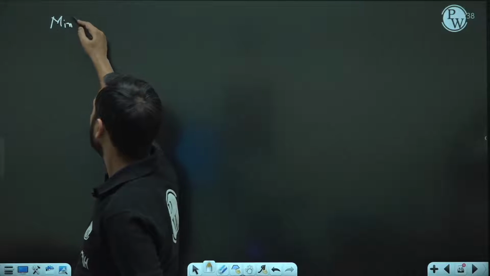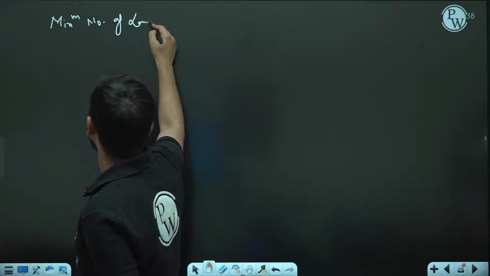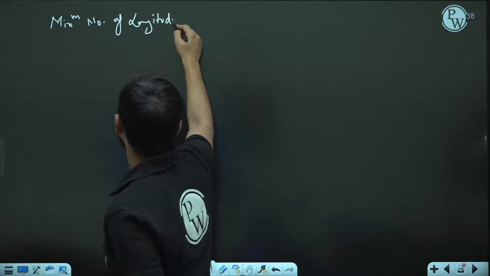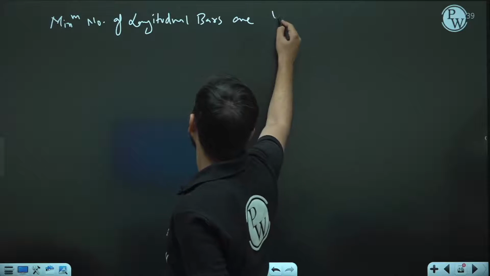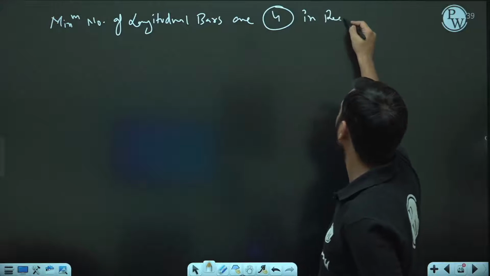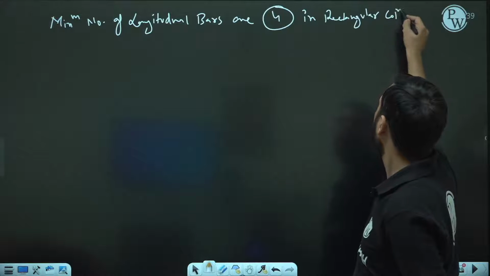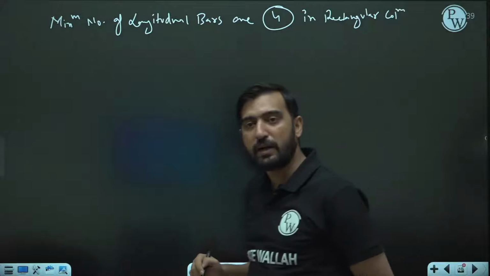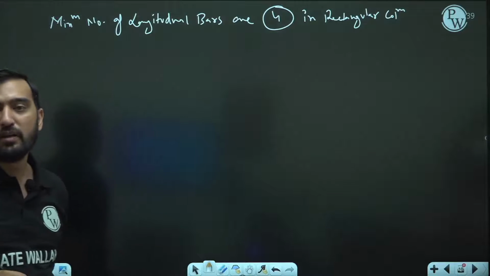The minimum number of longitudinal bars is 4 in a rectangular column. But keep in mind that the spacing between two bars cannot exceed 300 mm.